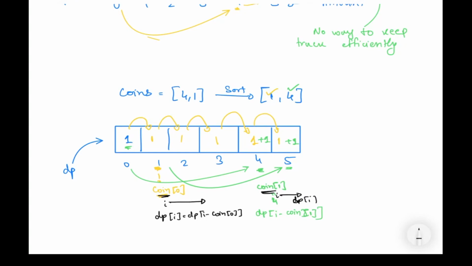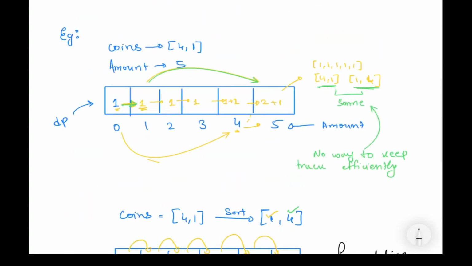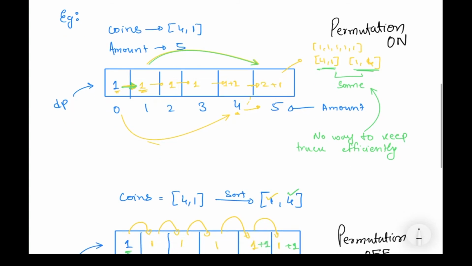We start with coin as our amount and iterate all the way till n plus 1, and for each element we do dp[i] = dp[i] + dp[i - coin]. We are adding, and in this way we have set our permutation off, whereas over here we were unable to set our permutation off. It was on and the order mattered.